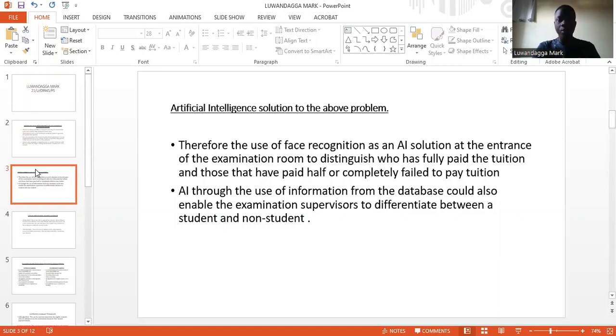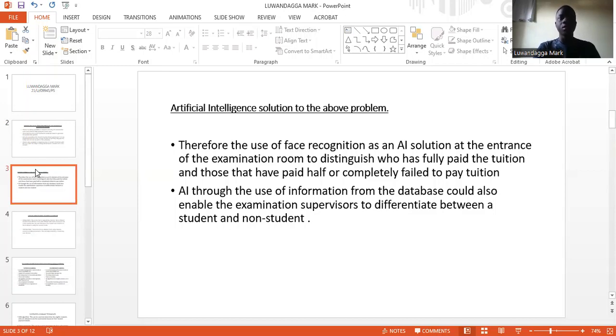Particularly, I want the AI to be able to distinguish between a student and a non-student, and to distinguish who has fully paid the fees and who has not. Most probably it can use face recognition.